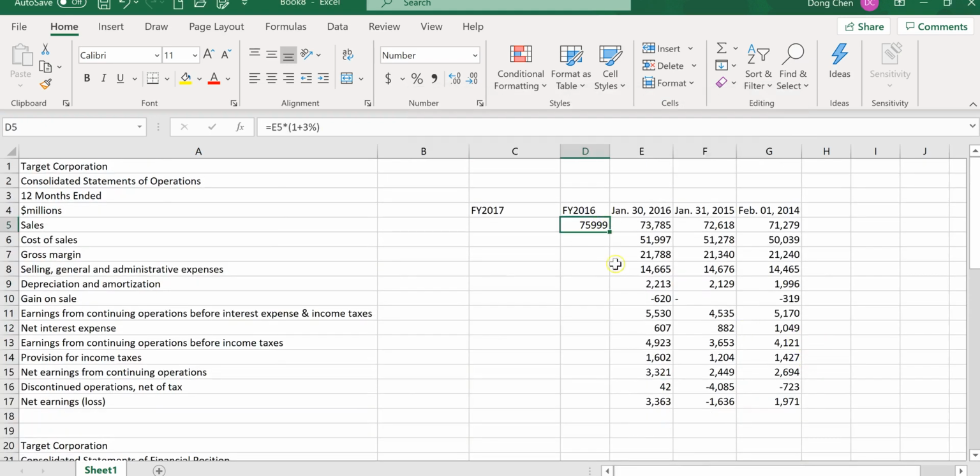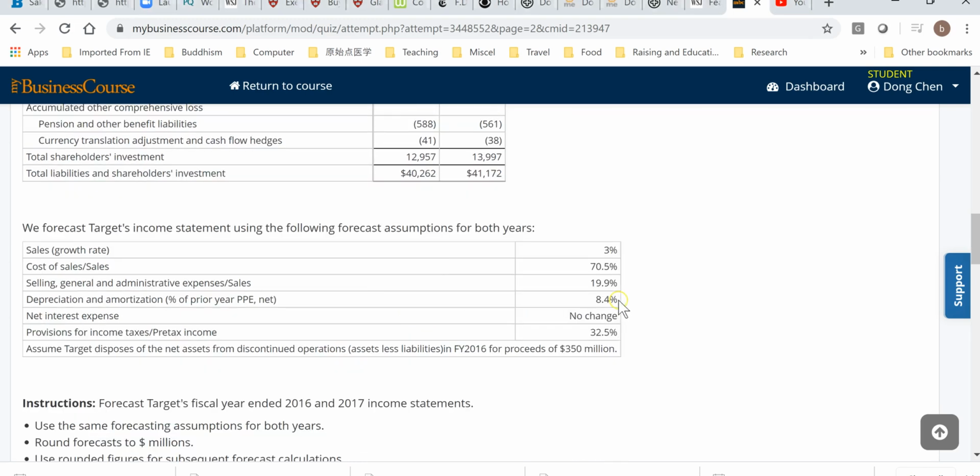Okay, so when I get the sales, because the sales will grow at the same rate, fiscal year 2017 is going to be fiscal year 2016 sales times 1 plus the same growth rate, right? Because the assumption here is that it grows at the same rate for both years.